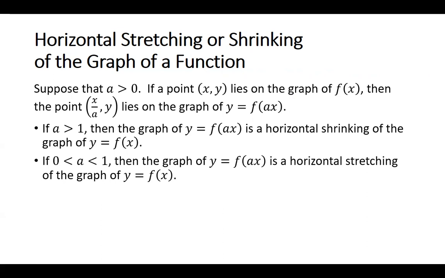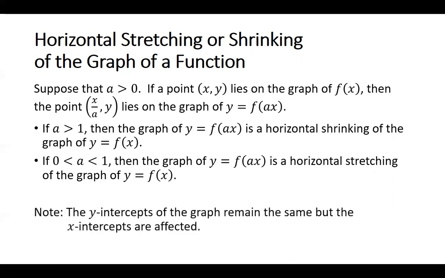If 0 is less than a less than 1, so a positive number less than 1, then the graph of y = f(ax) is a horizontal stretching of the graph of y = f(x). So if you multiply x by a number less than 1, then it's taking longer to get to certain outputs. So that's actually stretching out your graph as opposed to shrinking your graph.